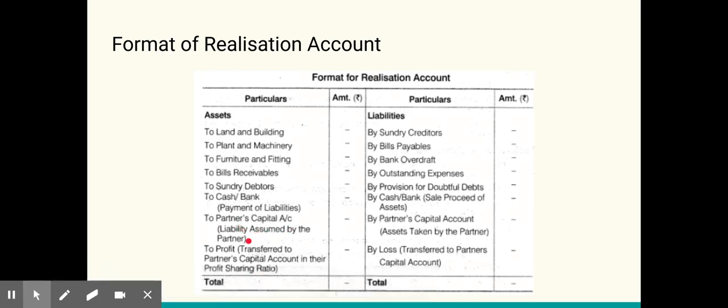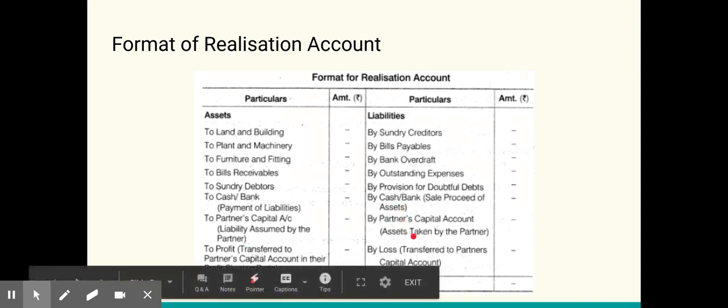So after transferring the assets and liabilities at the time of realization, and after realizing the assets, recording the amount received from the sale of assets and the assets taken by the partner, and after the payment of liabilities is recorded, and the payment of liability made by the partner is recorded, finally we will compute the profit or loss on realization of assets and payment of liabilities at the time of dissolution of the firm.